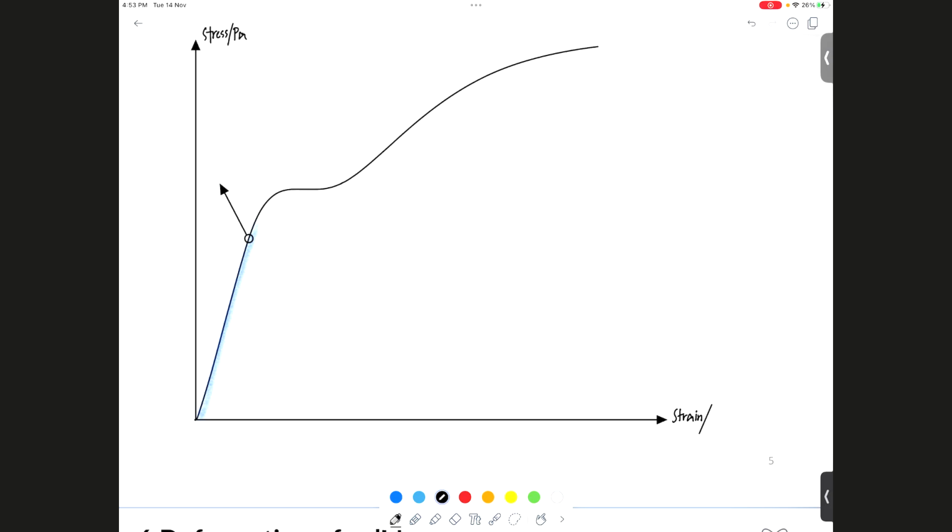A hint, a unique thing about this graph. If you look, there's a flat part here, the one I'm highlighting right now. The flat part is called the yield region. It is usually, and by the way, this is not always true, but usually the start of the yield point marks the end of the elastic limit.